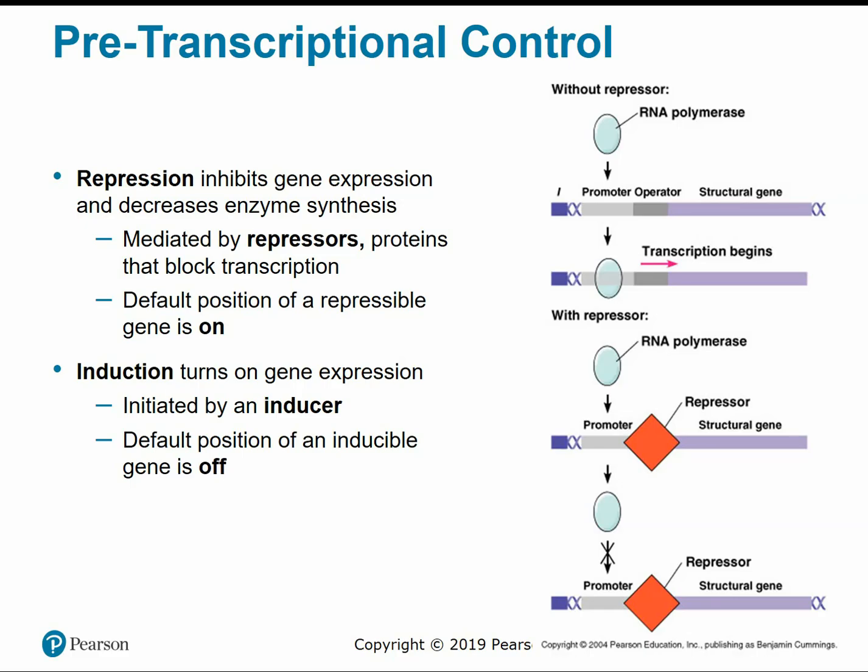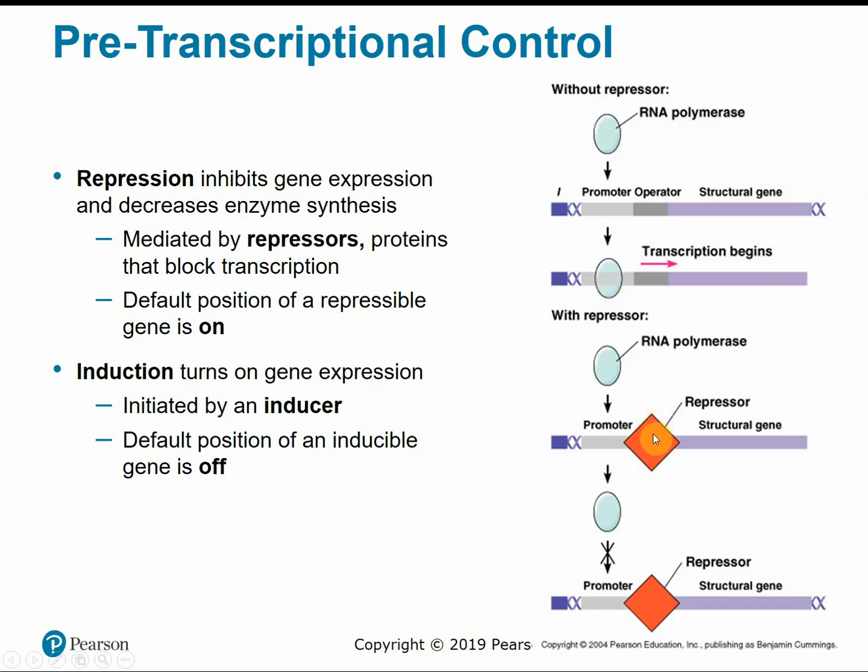This typically is mediated by regulatory proteins called repressors that are going to physically block that promoter binding site for the RNA polymerase to undergo transcription. Normally, without any repressor, our promoter, remember that start region for transcription, is open, so RNA polymerase can bind to it and transcription begins.